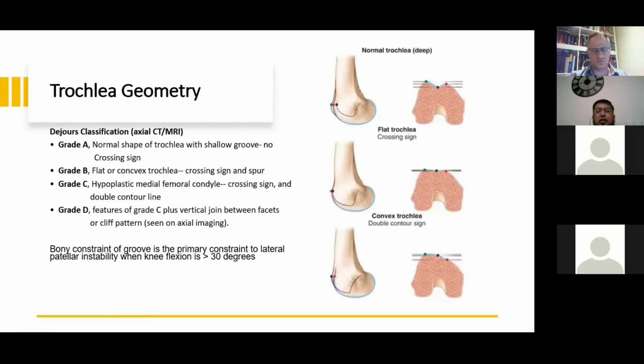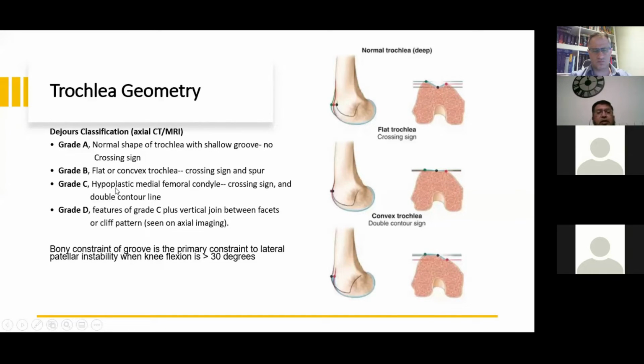Grade A is a normal trochlea, or shallow trochlea with a shallow groove, and if we see on the lateral view of the knee, as shown in the diagrammatic representation of the X-ray, there will be no crossing sign. These two lines will not cross.